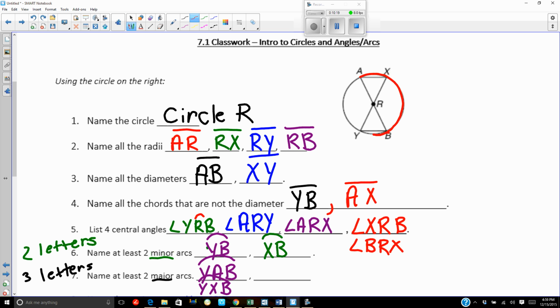A major arc has to be greater than half a circle. So arc AXY. That would be an example of a major arc. But again, you could also call that arc ABY.